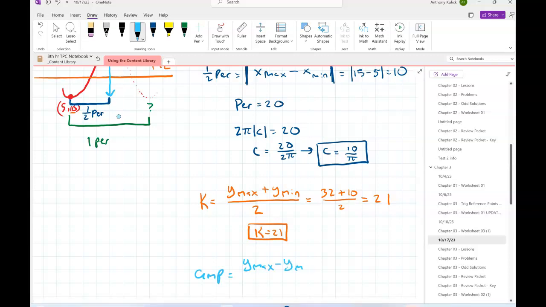So if it's a distance, we're going to be subtracting the y-coordinate from the maximum and the y-coordinate from the minimum.